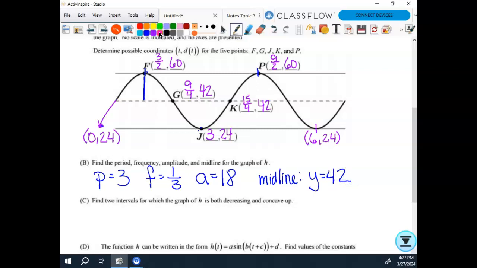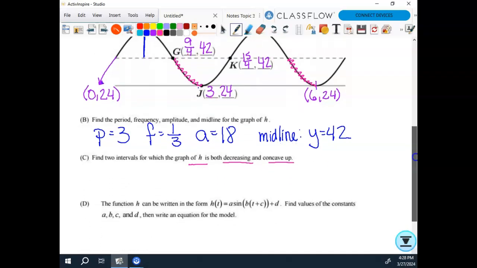Right, so then we're supposed to find 2 intervals for which the graph of h is decreasing and concave up. So this is decreasing and concave up, and this is decreasing and concave up. Right? And so I know that I'm going from my interval, there's x values, 9/4 to 3.